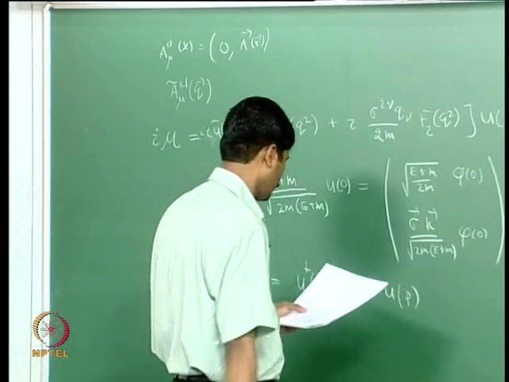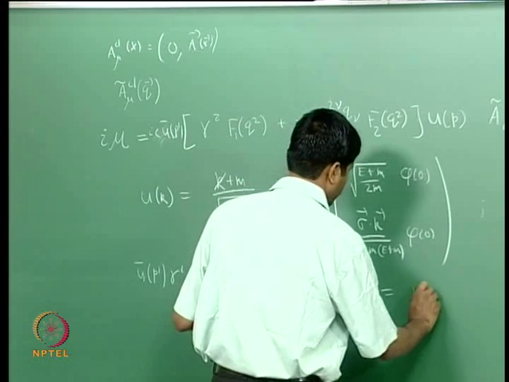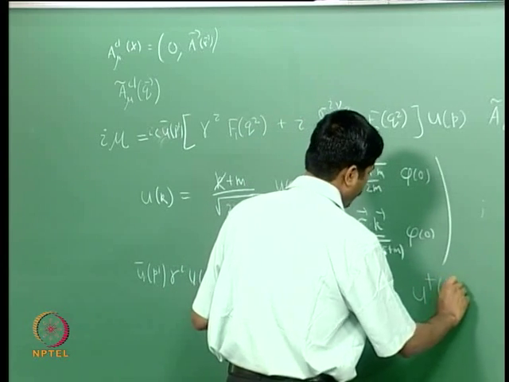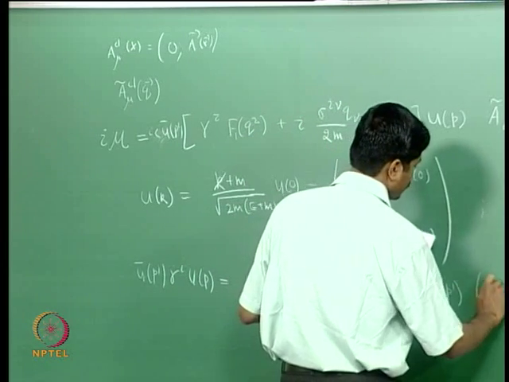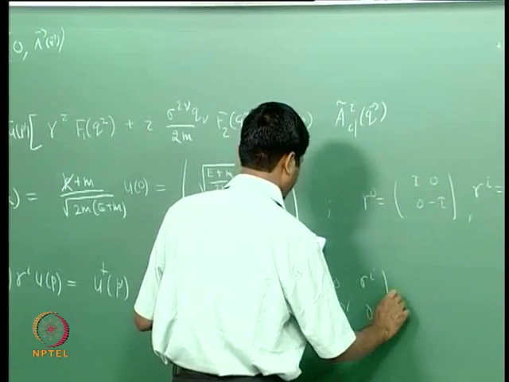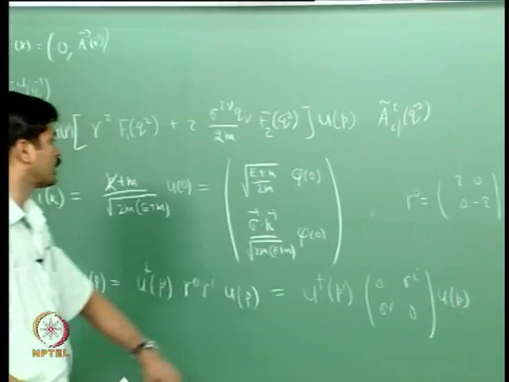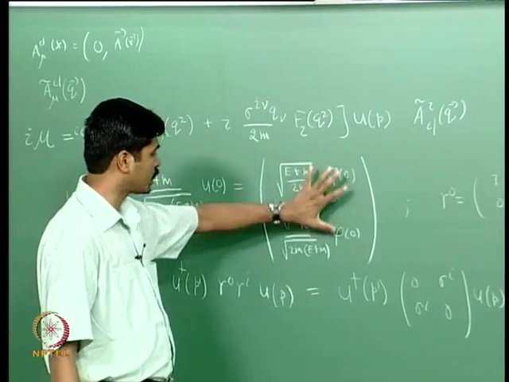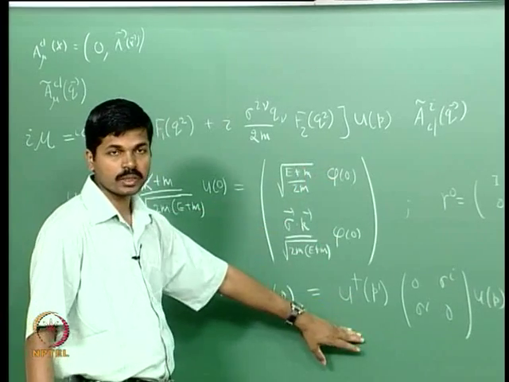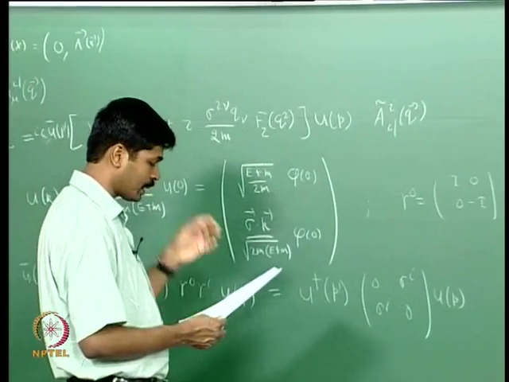So, u†(p′), 0 σ^i 0, u(p). Now, we will express this quantity: we will put for u†(p′) this expression, and also for u(p) this, and then we will evaluate this.